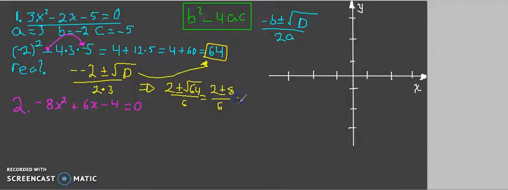And then those solutions become -1 and positive 5/3.